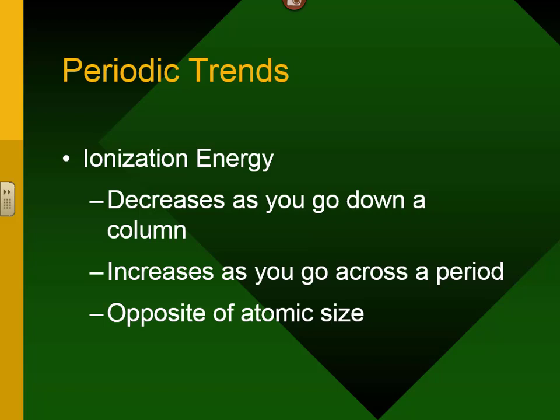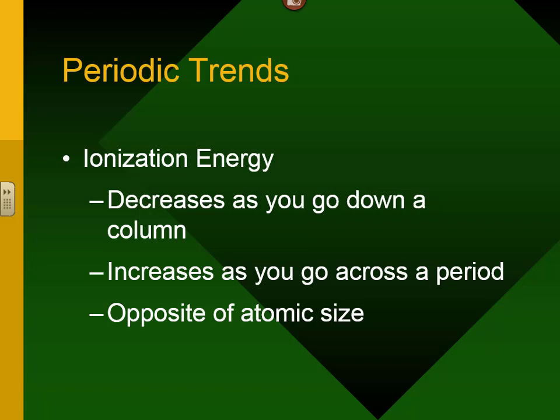The further away the electrons are from the nucleus, the easier it is to take them. The closer they are to the nucleus, the harder it is to take them. So the electrons that are going to be closest to the nucleus are going to be the ones that are the smallest, which would be at the top right.